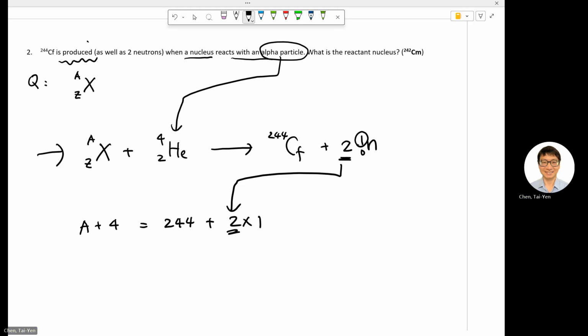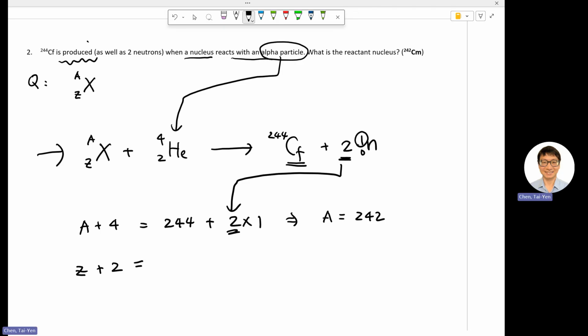Okay? So by doing this, you know your A has to equal 242. Okay? And then your Z plus 2 should equal the proton number of your Cf.